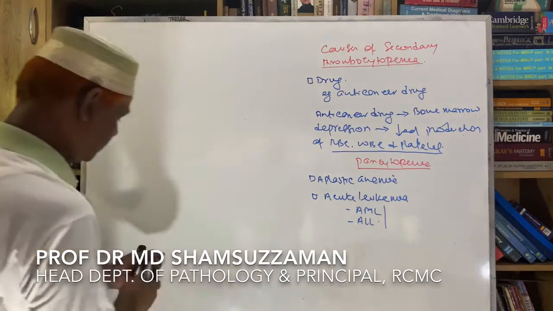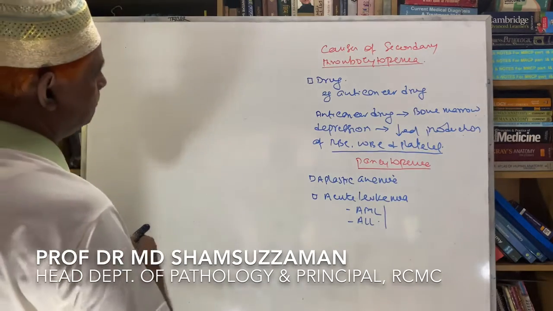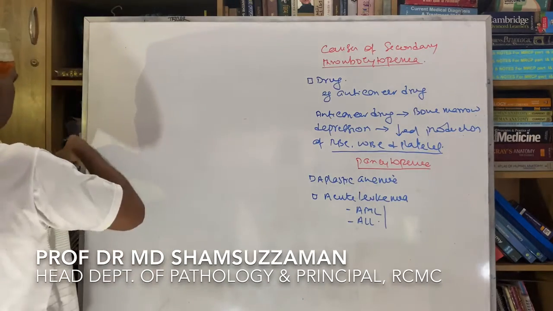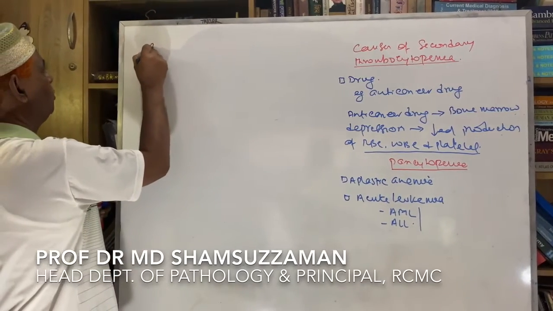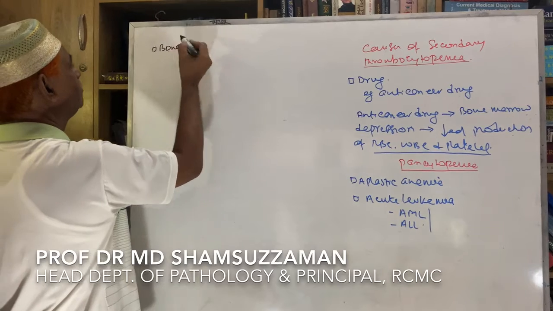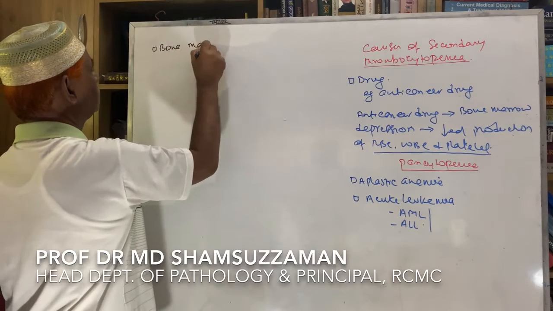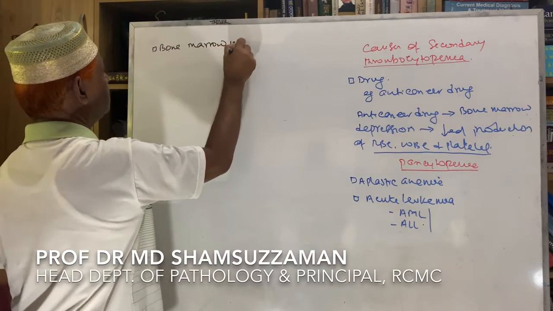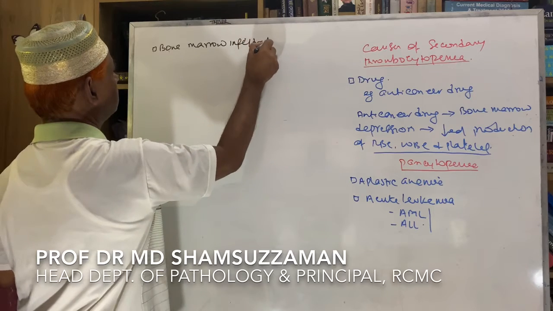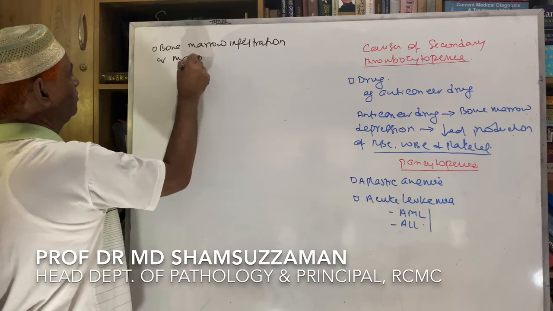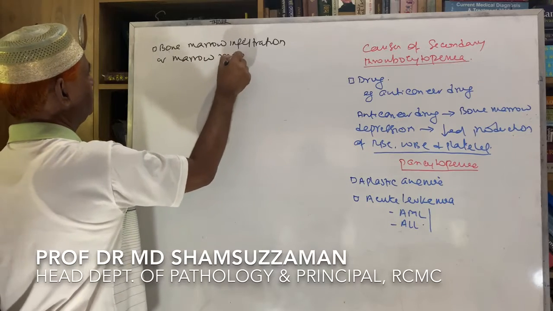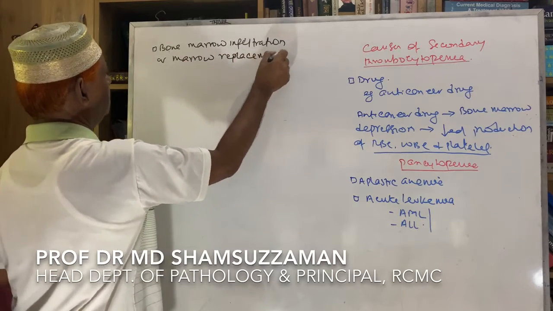Other causes of secondary thrombocytopenia: bone marrow infiltration or marrow replacement.